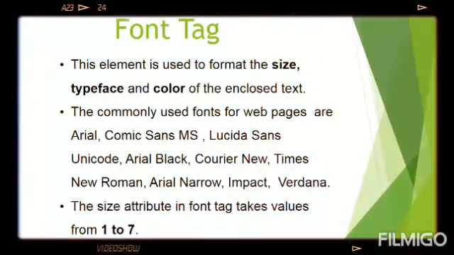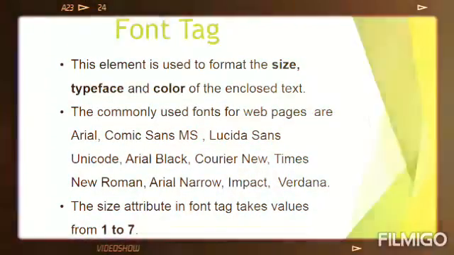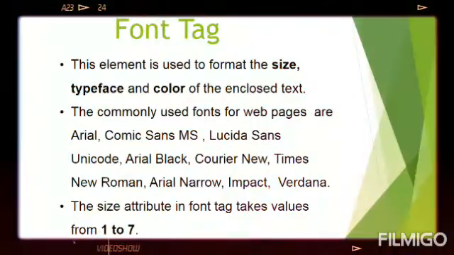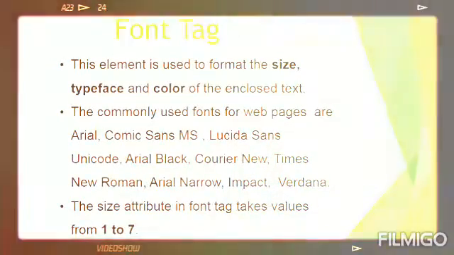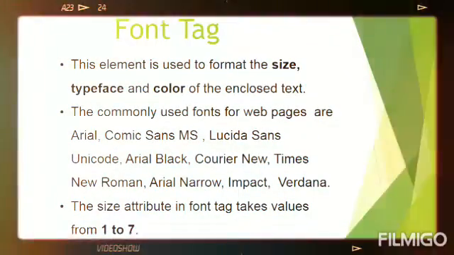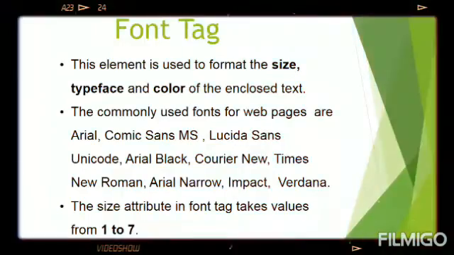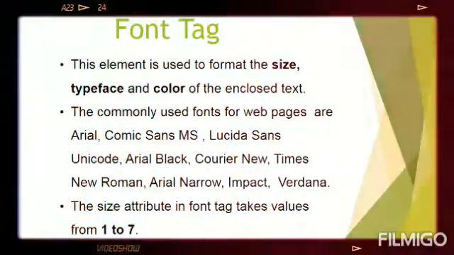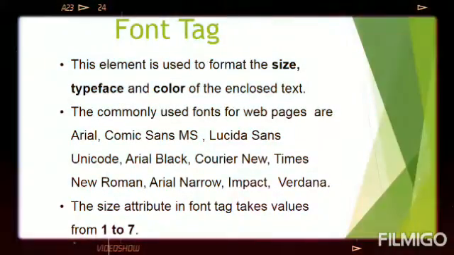And the last topic of today's video is the font tag. What is a font tag? It enables you to change the color, font, size and alignment of the text on a web page. Size, color and face are the attributes of the font element. We can use different fonts like Calibri, Times New Roman, and different colors can be used inside the font tag to change the font color.